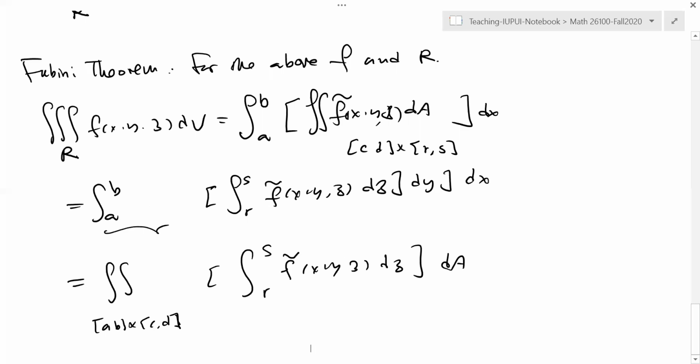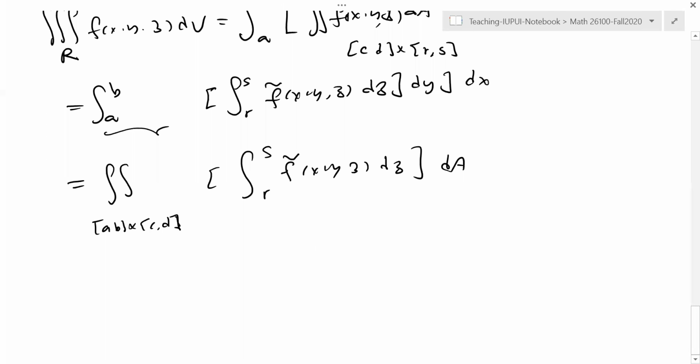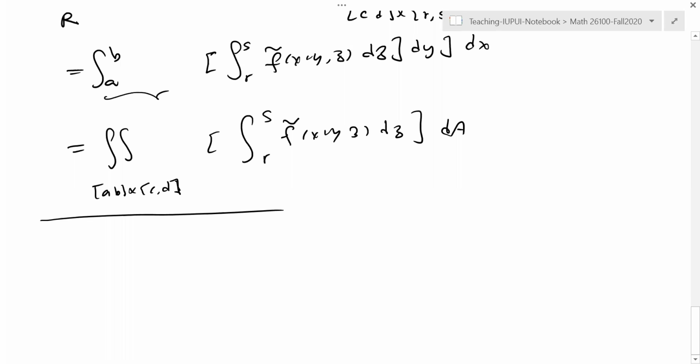Let's look at some examples, and then we'll see. I don't pay attention to the classification of type 1 and type 2 regions. All we need to know is how to cut this potato to use iterated integrals to evaluate.